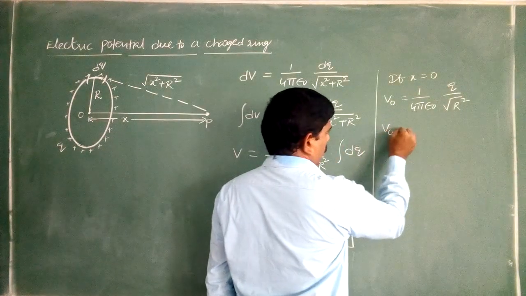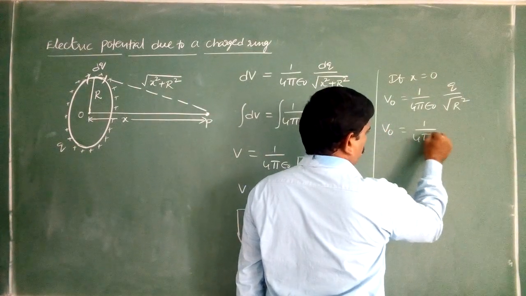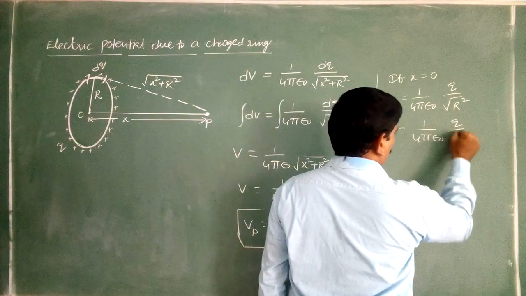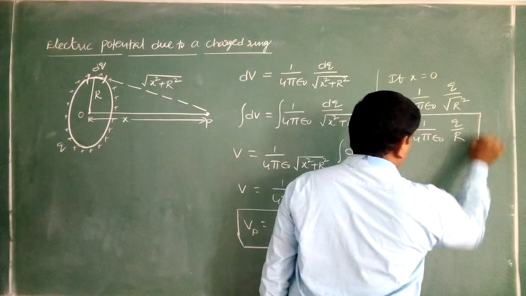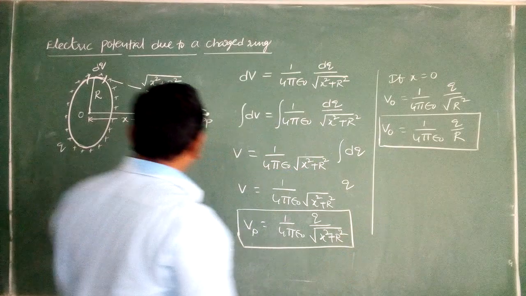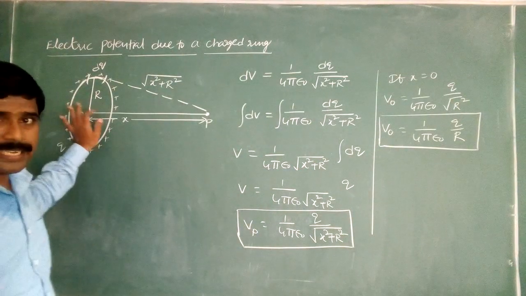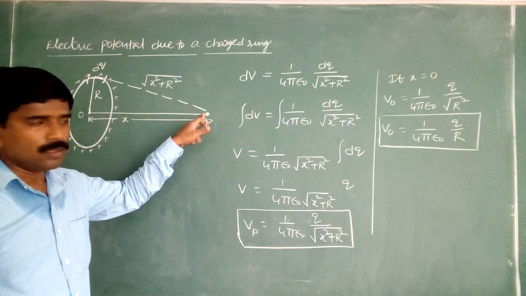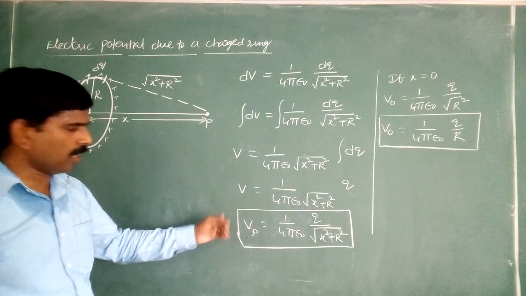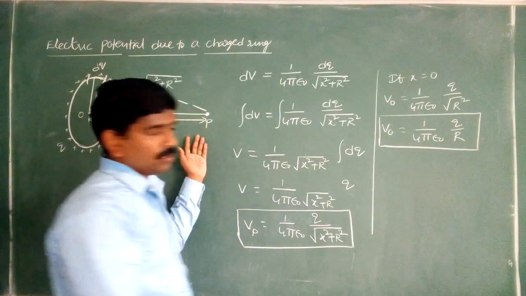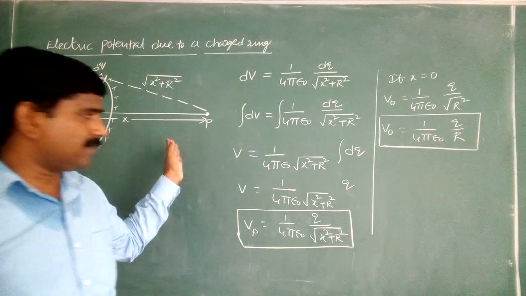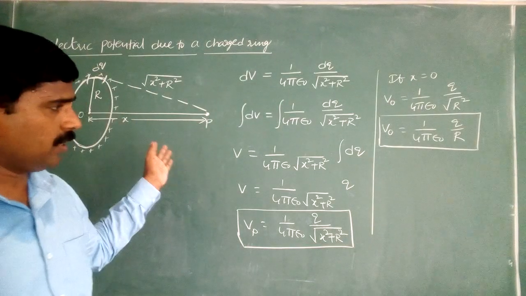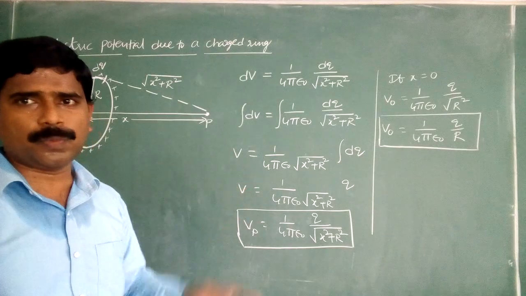That is, V naught is equal to 1 by 4 pi epsilon naught into Q by capital R. This is the electric potential at point O, at the center of the ring. The earlier one is at a point on its axis. Remember these expressions also. They are very useful for objective purposes, that is in NEET, JEE Mains.